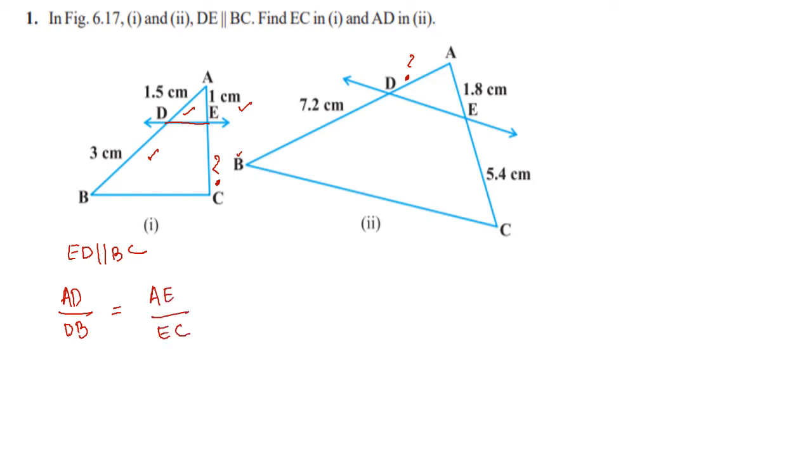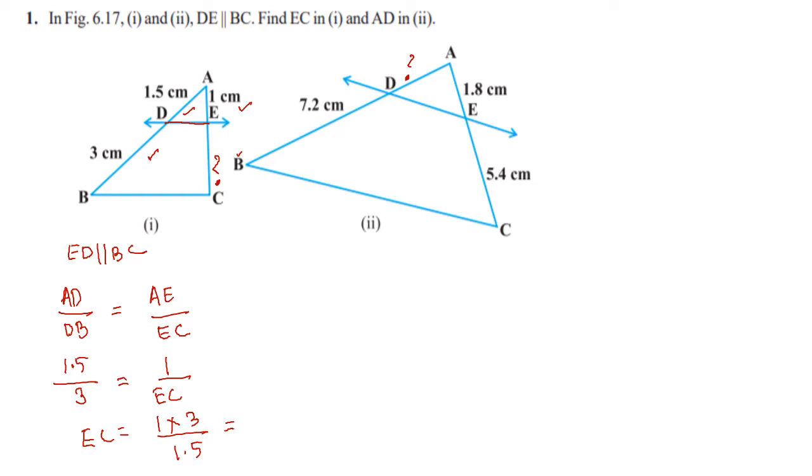So what is AE? You can just substitute. AD is 1.5, DB is 3, that is equal to AE is 1 and EC we don't know. So how do you do it? Cross multiply. When you cross multiply, you will get EC is equal to 1 into 3 by 1.5.